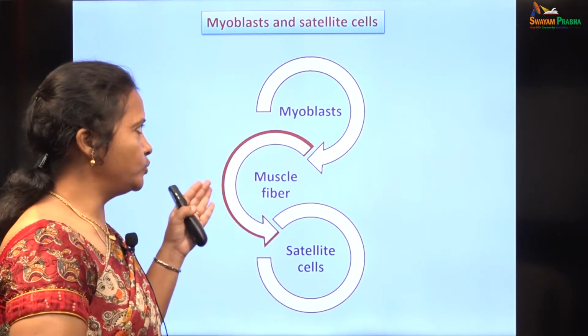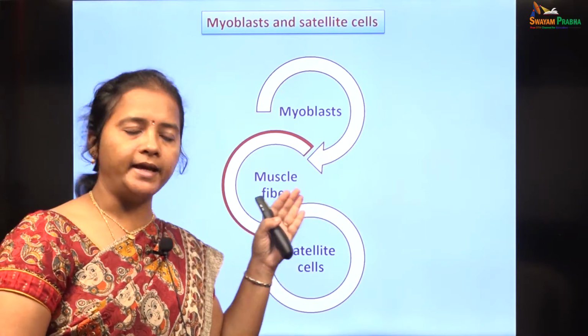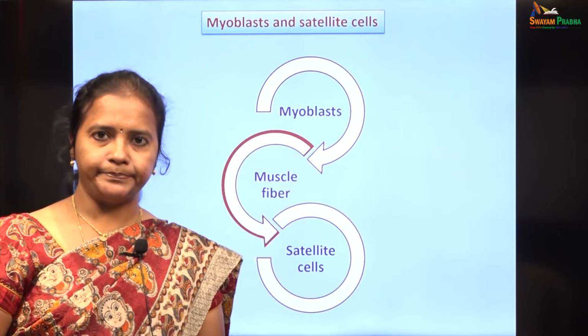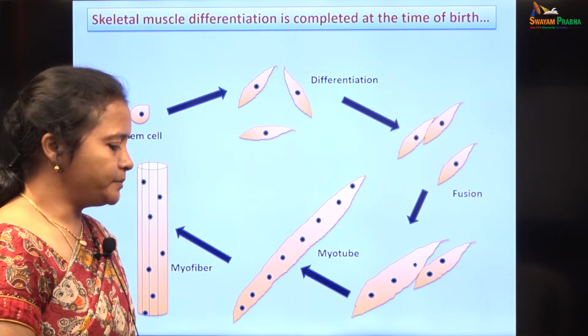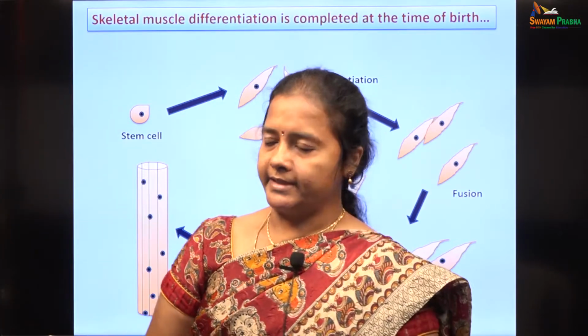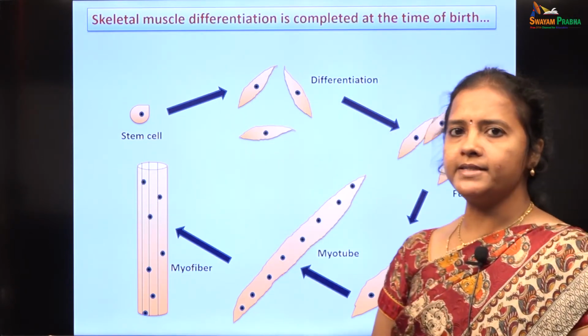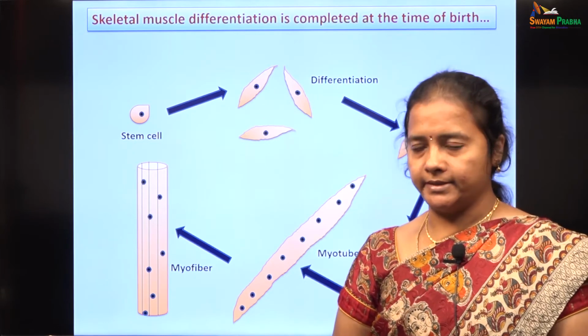So, basically there are two types of cells, myoblasts and satellite cells, which are responsible for growth of the skeletal muscle fibers. These myoblasts are similar to stem cells, and the process of formation of muscle fibers from myoblasts is called myogenesis.